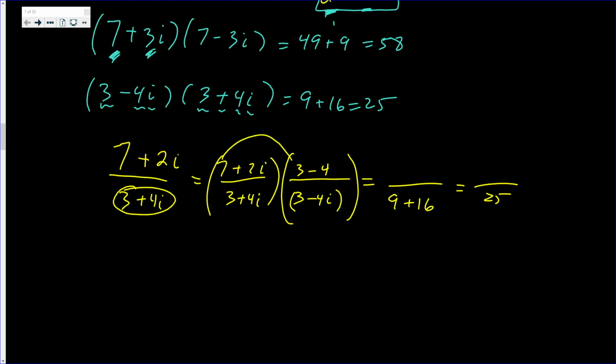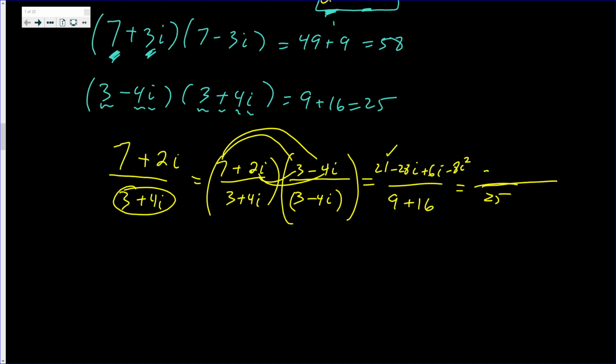So you have 7 times 3, which is 21. 7 times negative 4i, this product will be minus 28i. This product will be 6i. That's a 2. And then the last product will be positive 2i times negative 4i, which will be negative 8i squared.